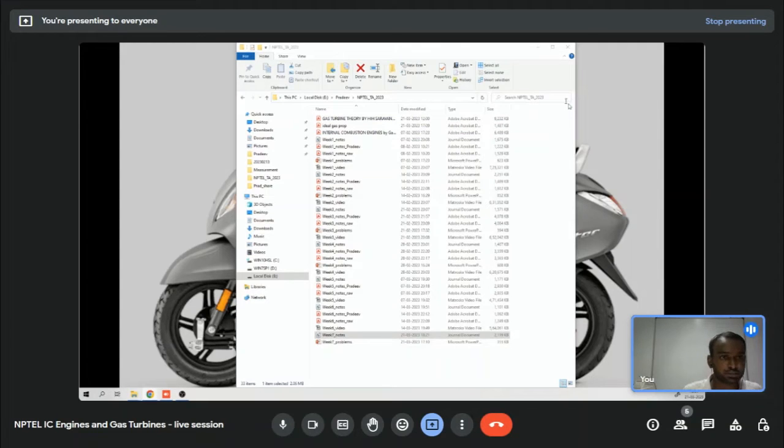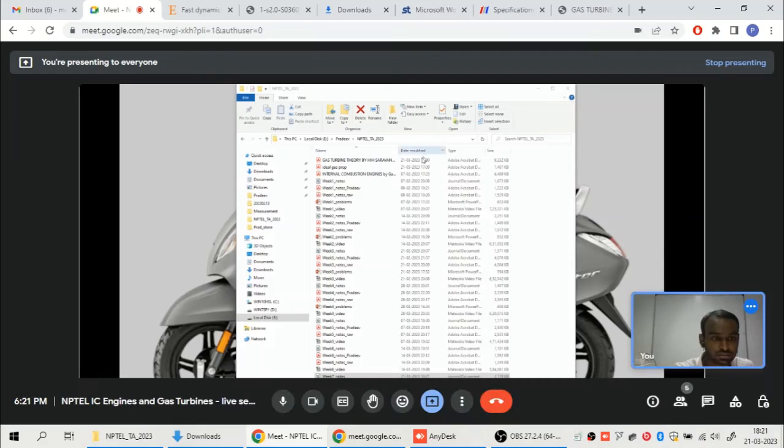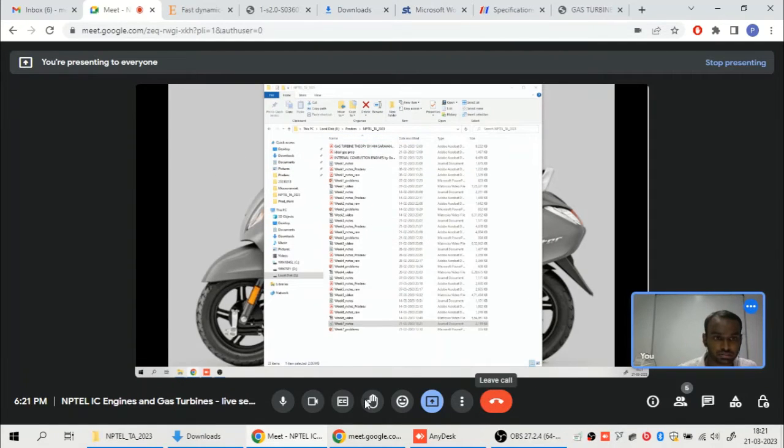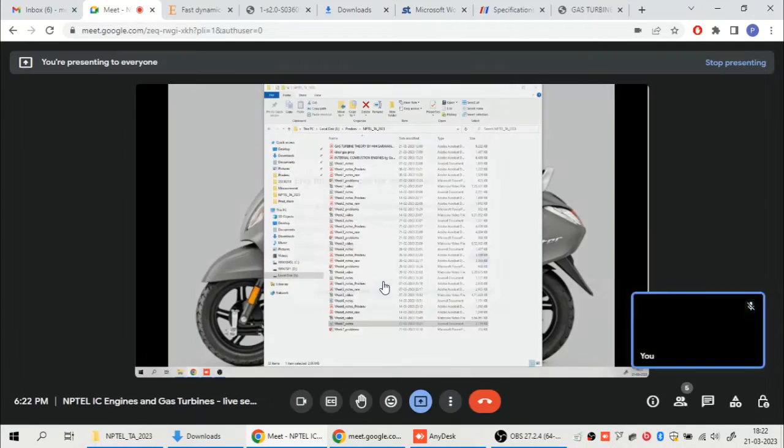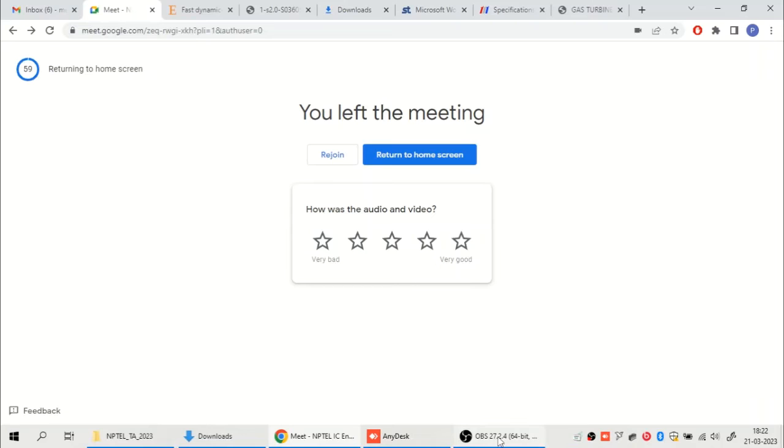I think there is some problem. I will restart the application. What happened? Network is not working. Oh, network only? Why is it disconnected in mine? It said you lost your network connection.